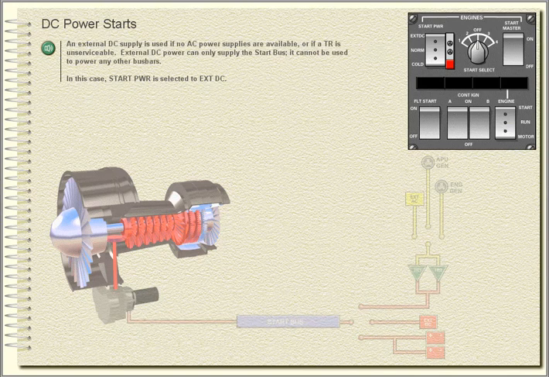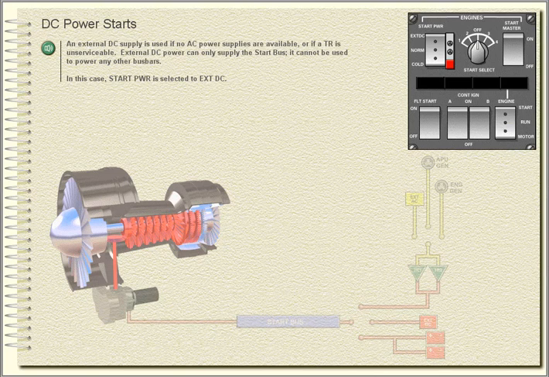DC power starts. An external DC supply is used if no AC power supplies are available or if a TR is unserviceable. External DC power can only supply the start bus. It cannot be used to power any other bus bars.